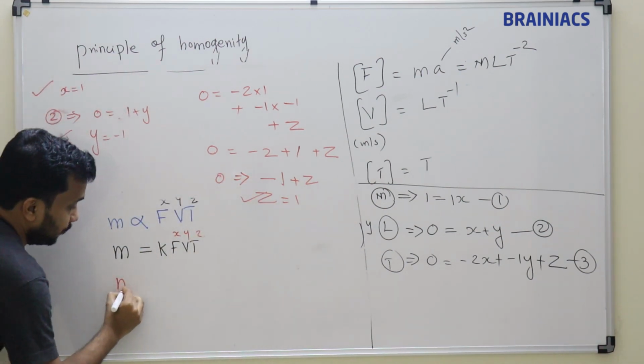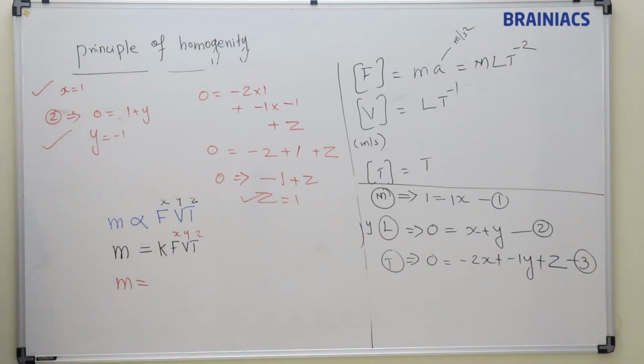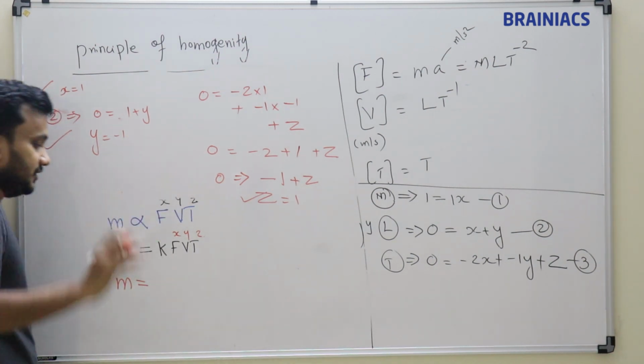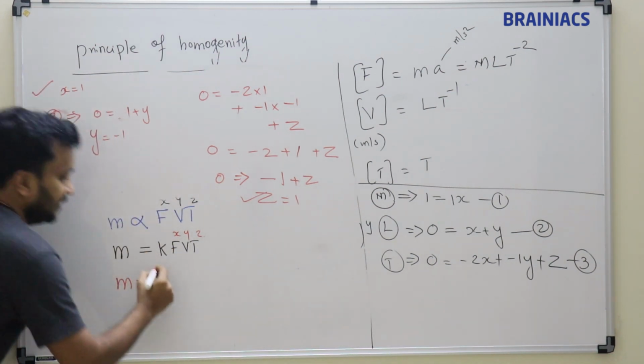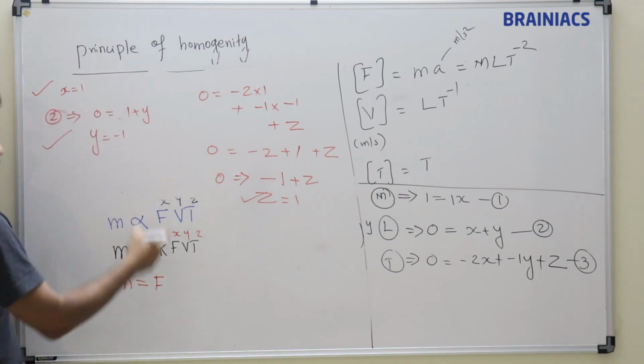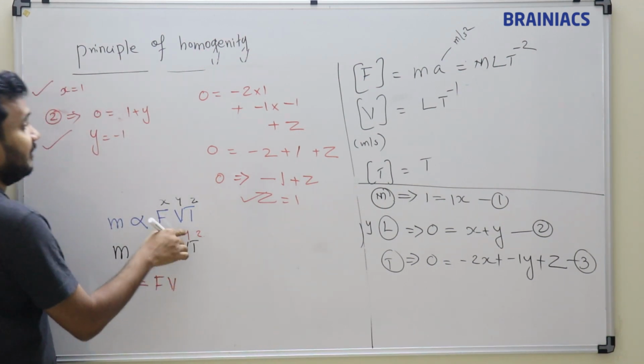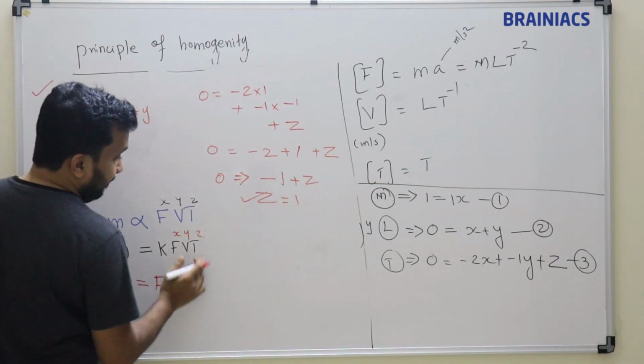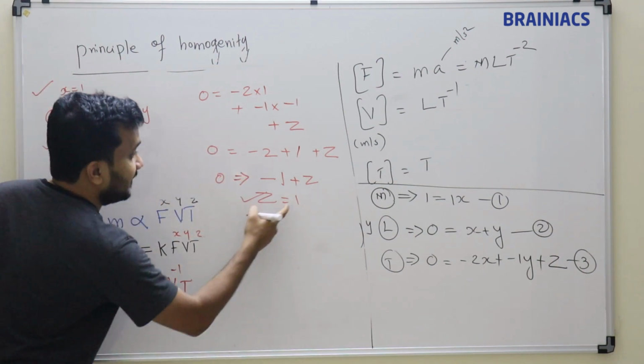We substitute these to find the formula for m. k you can omit or add, no issues because it's a constant. So m is equal to F power x, x means 1, V power y, y means minus 1, and T power z, z means 1.